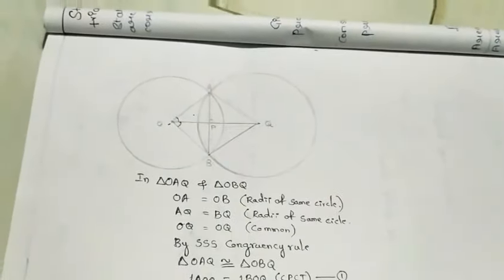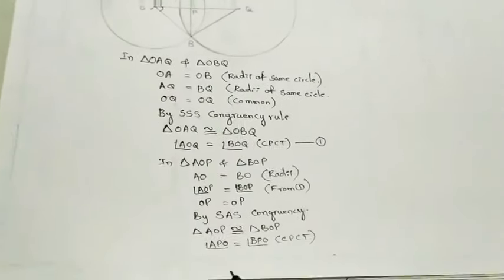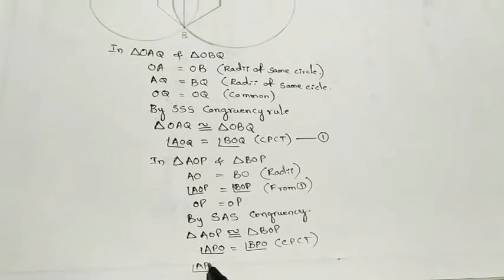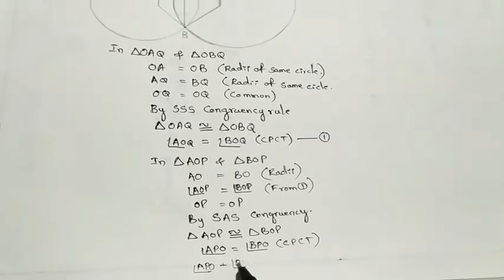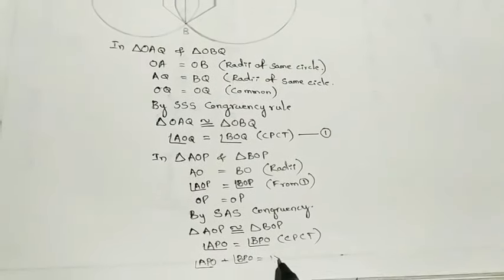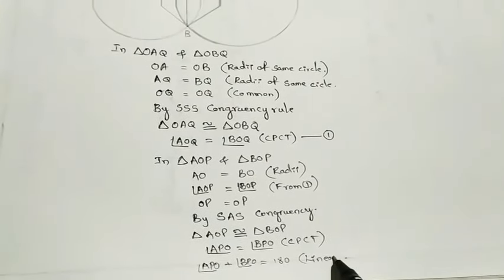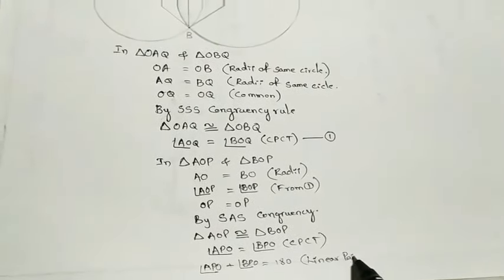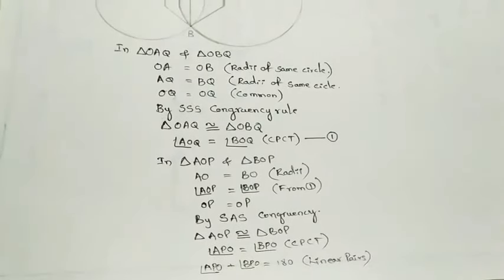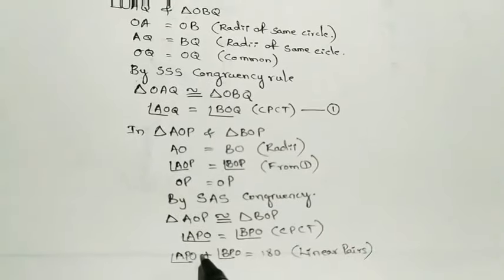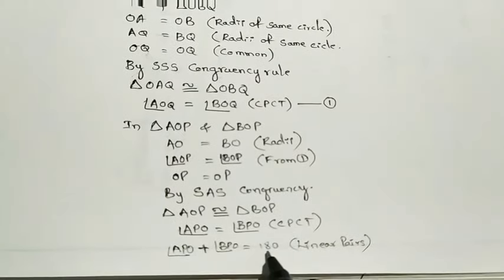Okay, another one thing, here APO plus BPO equal to 180 degrees. Why? Linear pair. These two are linear pairs. Already these two are equal as well, and their sum will be 180 degrees.